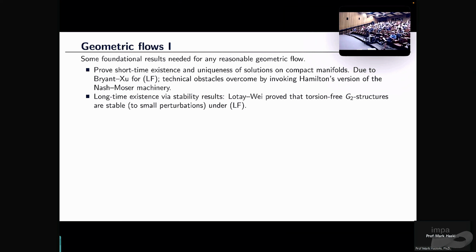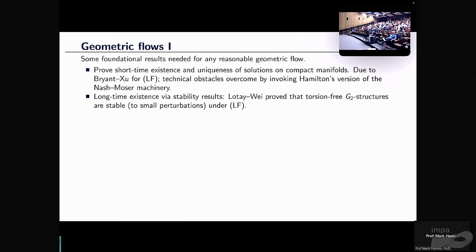Other things that you would immediately hope for: if you've got a static solution, a torsion-free G2 structure, you give it a small perturbation, and then you ask what the flow does to it. Does the flow exist for all time and then converge back to either that original solution or possibly some nearby one?